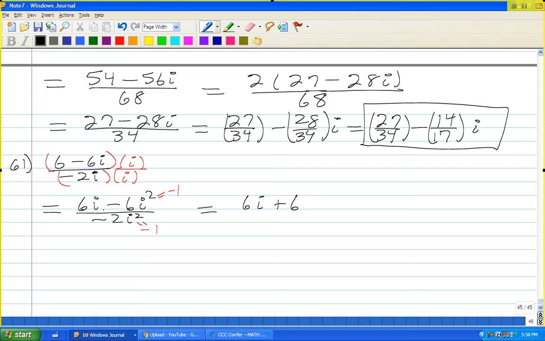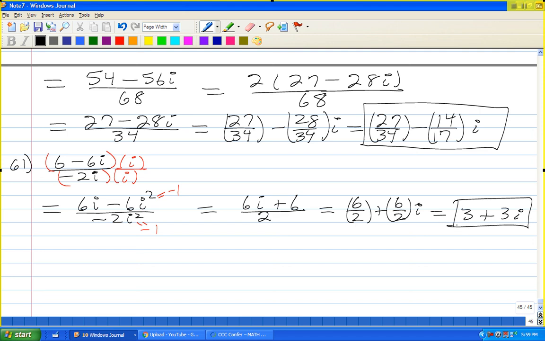Negative 6i squared becomes a plus 6 all over 2, since a negative 2i squared becomes a positive 2. And so this is just equal to 6 divided by 2 plus 6i divided by 2, which becomes 3 plus 3i. And that's your answer.